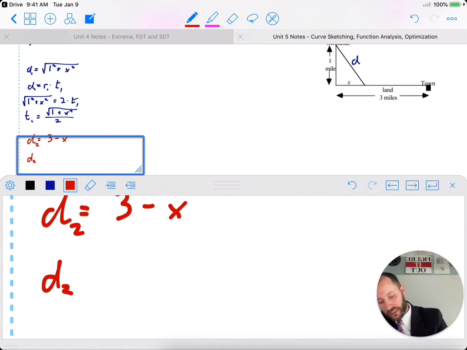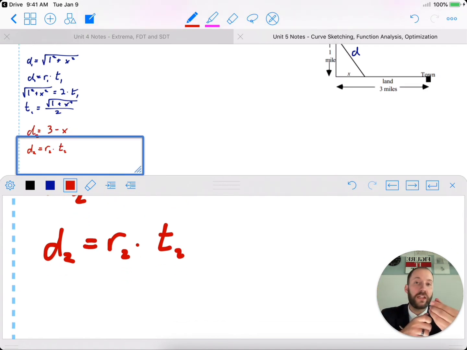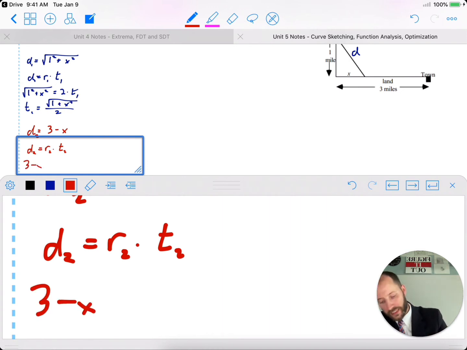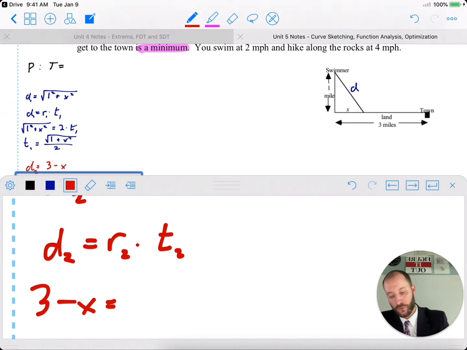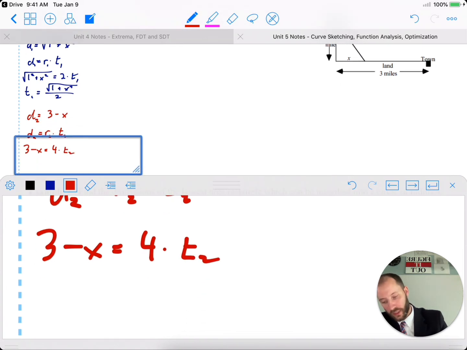Now distance is still rate times time, so plug everything in that you know. Our rate or speed on land is 4 times time sub 2. So time sub 2 is 3 minus x all over 4.